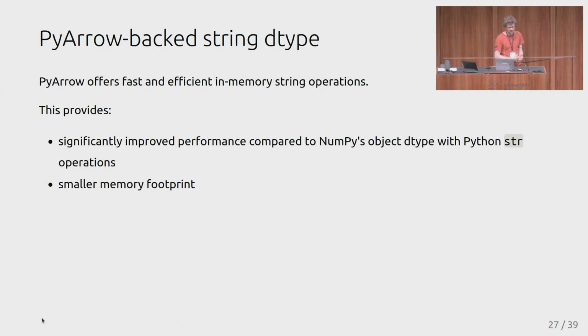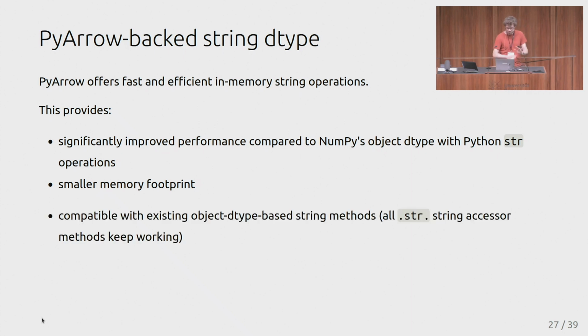So as a result, this new data type will give a significant performance improvement and also improvement in memory usage, while at the same time it should, in theory, be almost fully compatible with whatever we have right now. At the moment, these object dtype strings, all the string accessor methods, they just use the Python string objects and call methods on those. Now we have a faster implementation that should be compatible.